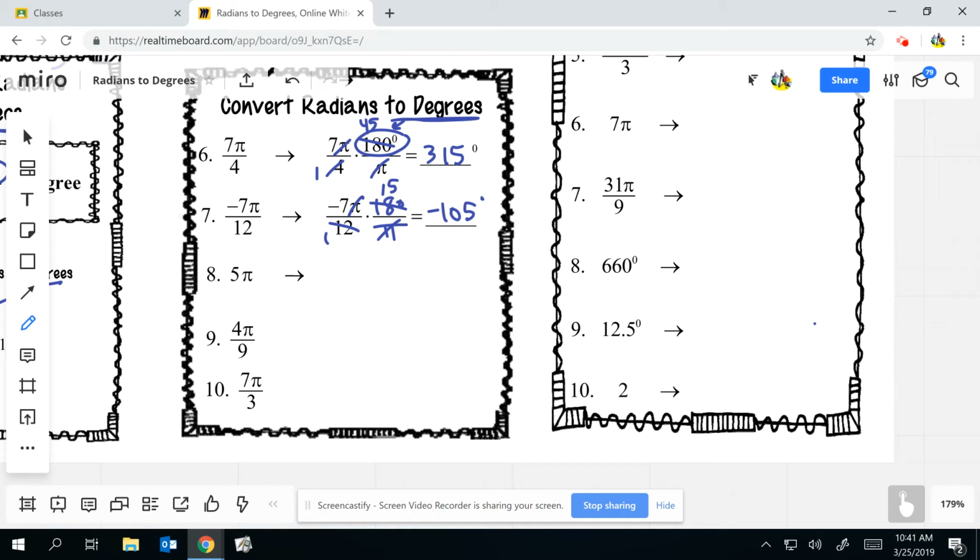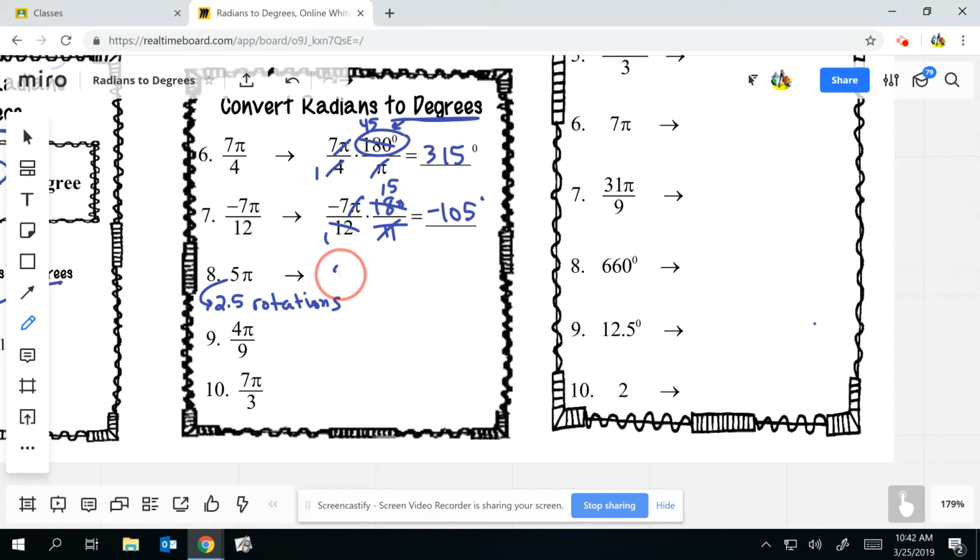How much is 5 pi's? 1 pi is half, 2 pi's is 1, 3 pi's would be 1.5, 4 pi's would be 2, so 5 pi's would be 2.5 rotations. So this 5 pi, just as a side note, you could put 2.5 rotations. Just as a little side note, you could throw that in there.